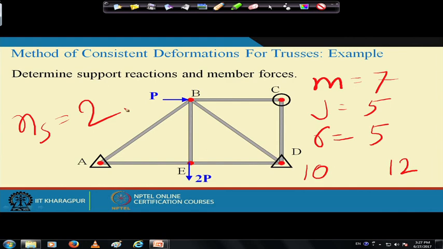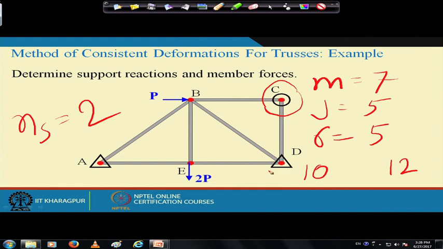In this case the static indeterminacy is 2, and it is an external indeterminacy, because for stability of this truss, this support is unnecessary, this support is not required, this is extra. Instead of giving a hinge at D, if we give a roller at D, it is still a stable truss.